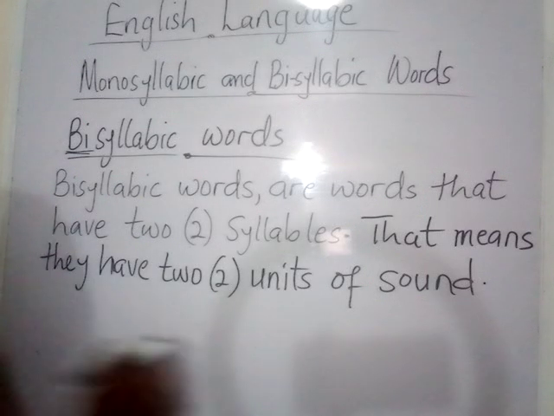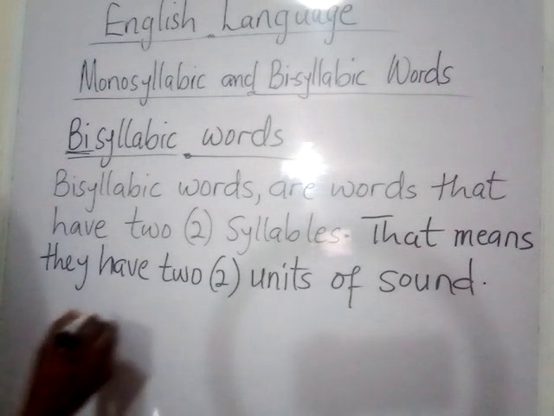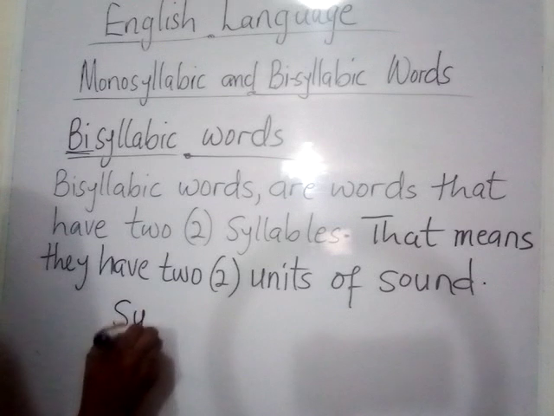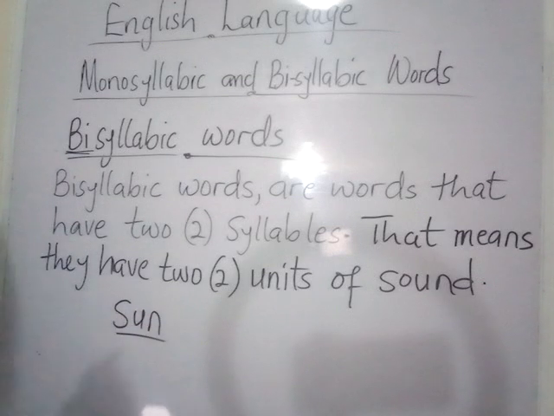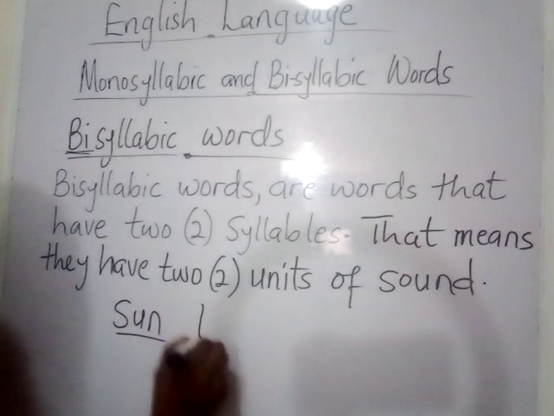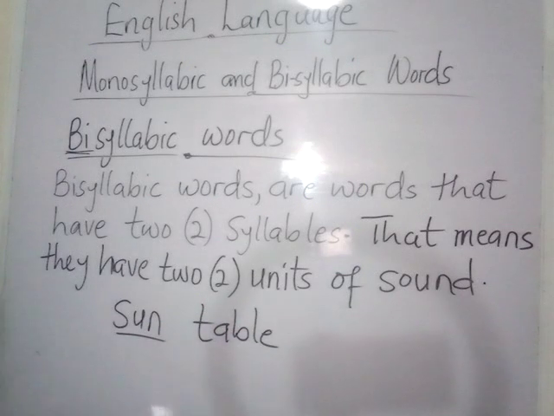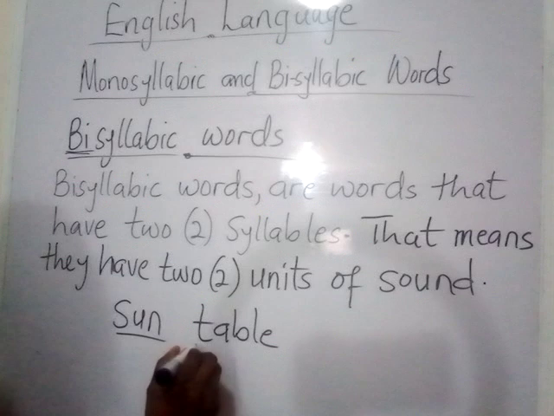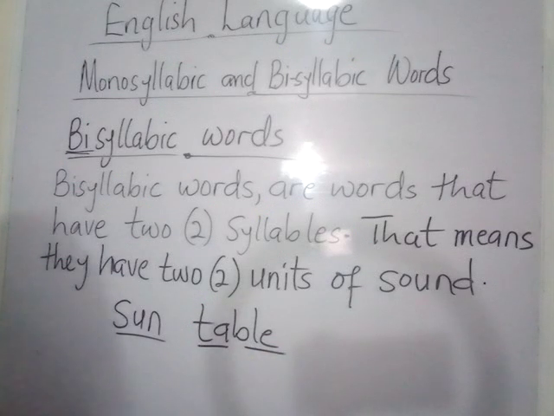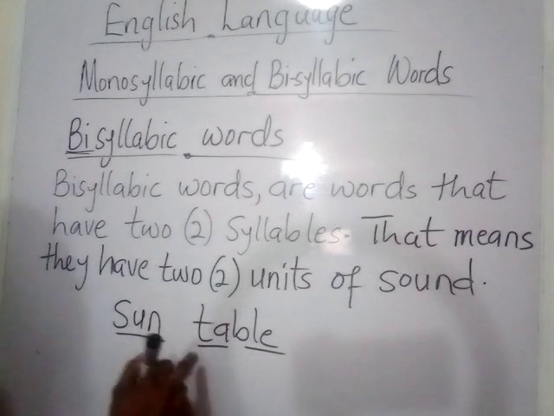Remember, we took an example of a monosyllabic word as sun. And then we looked at a word like this, and we tried to pronounce it. This is table. Sun. Table.